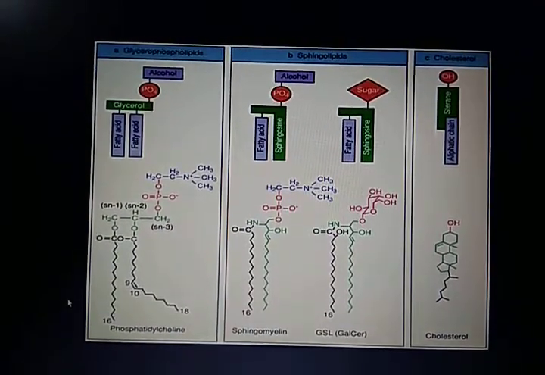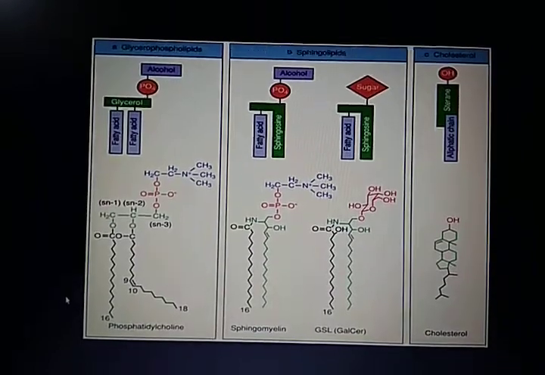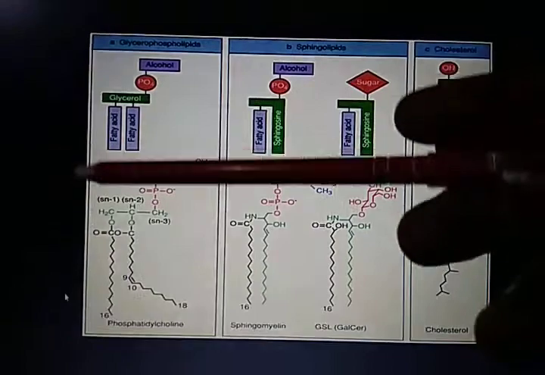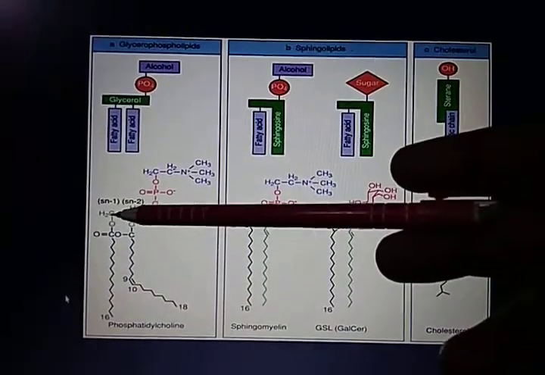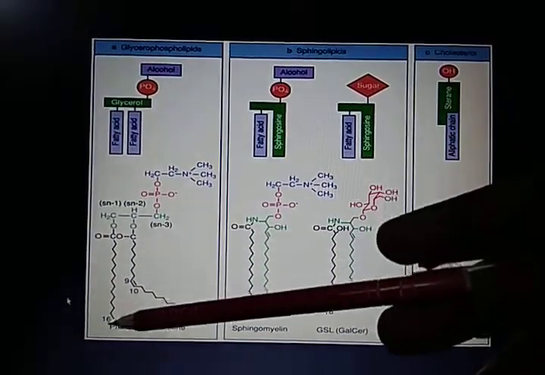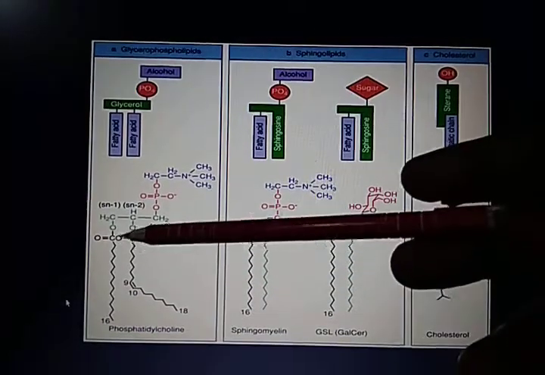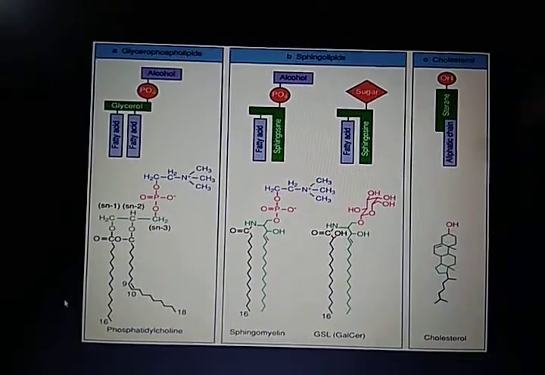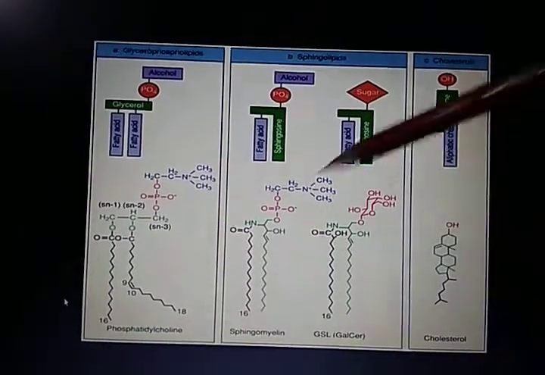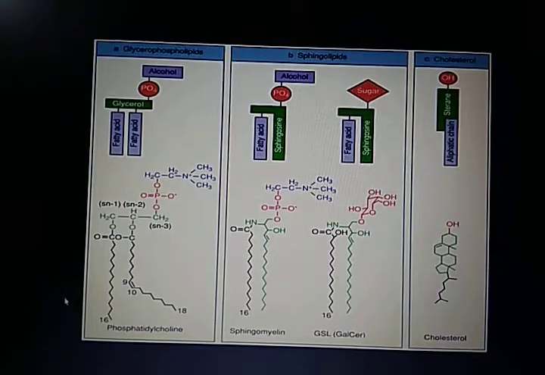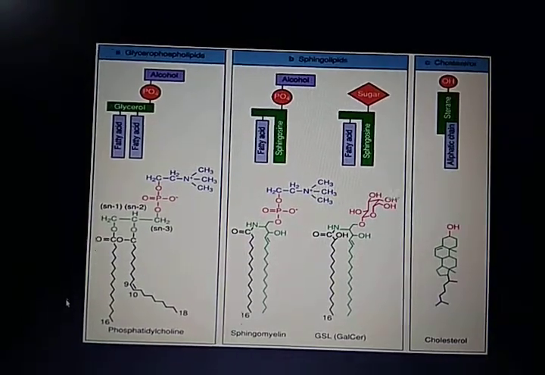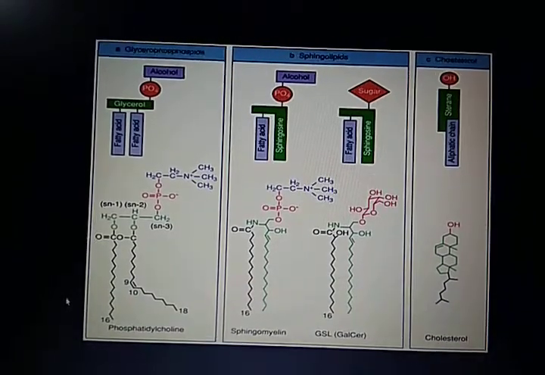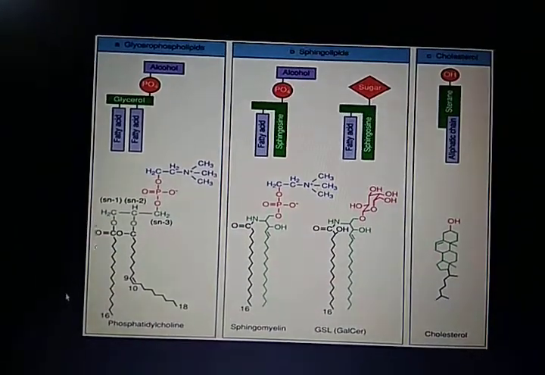The phosphoglycerides have a three-carbon glycerol backbone. As you can see in the figure, there is a three-carbon backbone. From the very first carbon, a chain of fatty acid is attached to it. In the second one also, there is a fatty acid attached to it. So, two long chains of fatty acid are linked through ester bonds to adjacent carbon atoms of the glycerol, while the third carbon atom is attached to the phosphate group.